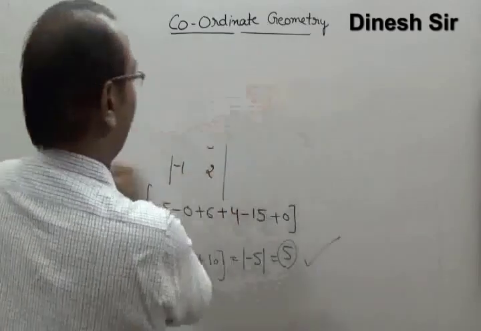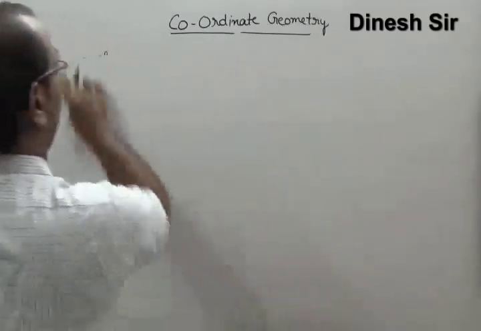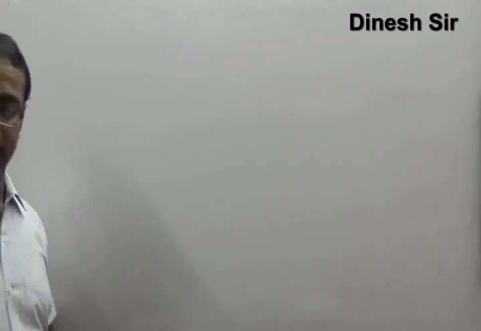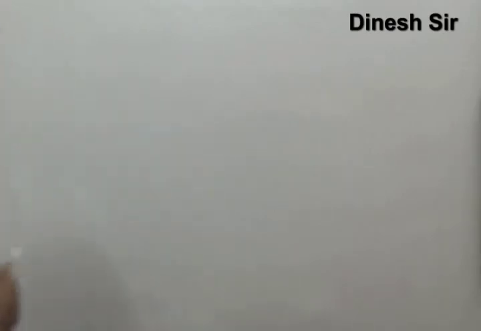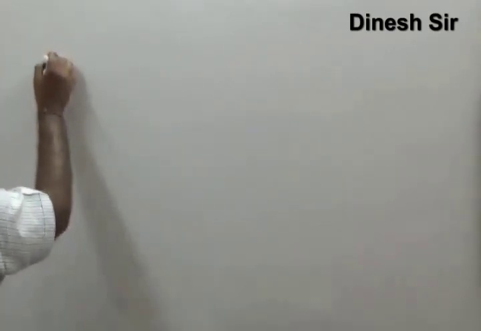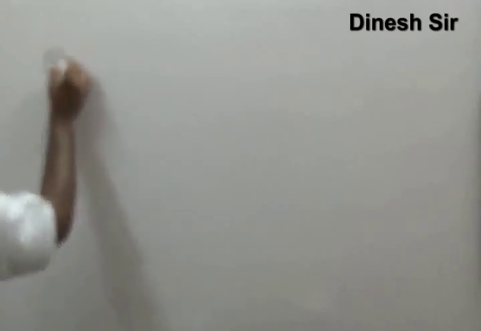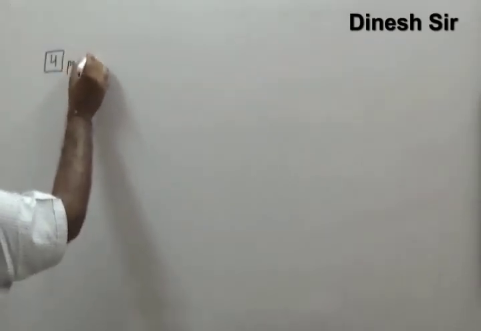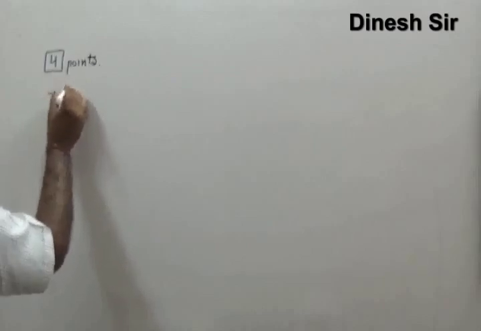Now, after understanding these two points, sometimes you may have some more questions. Suppose 4 points are given, and you have to prove that the given figure is a square.